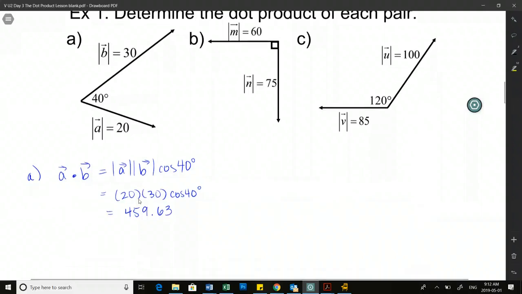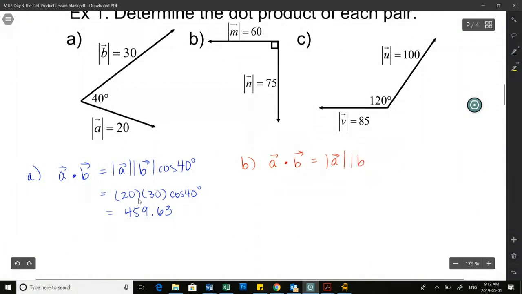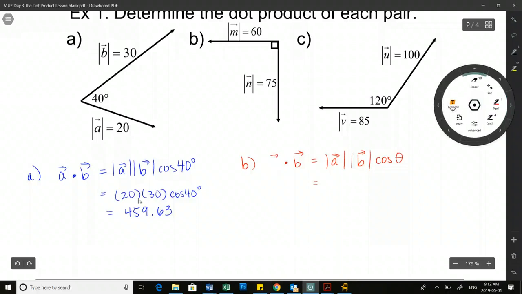Okay, for part B, we talked about what happens when vectors are perpendicular to one another. Are there any components of these that are working together at all? No, the x components are working completely separate from the y components. So watch what happens when you enter into our, oh sorry, I should have put n and m.